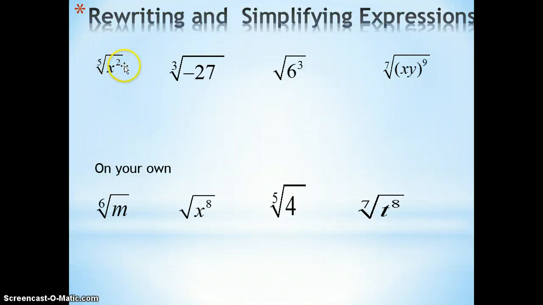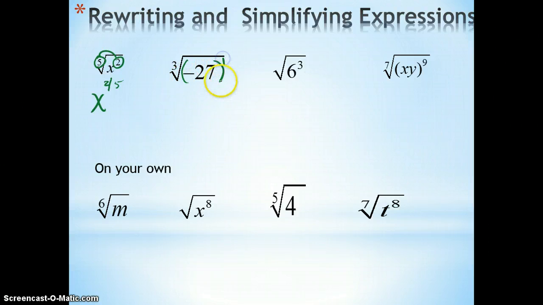So the first one we're going to do is x squared under the fifth root. When we keep this base of x, it's 2 and 5, so it's going to be 2/5. Notice the power that is with the base always goes on the top, and the index, the 5, always goes on the bottom. In this case, we would have negative 27 under the third root.